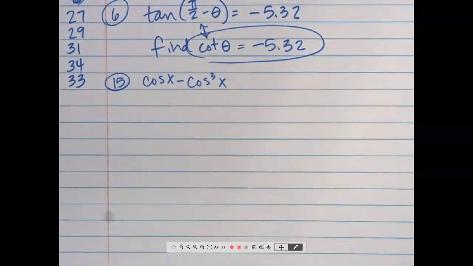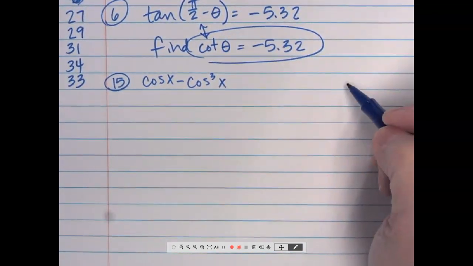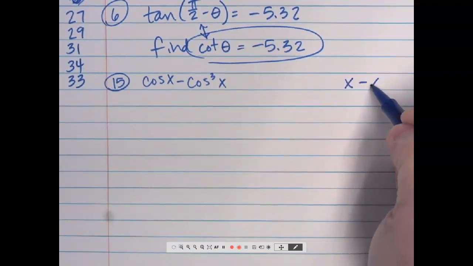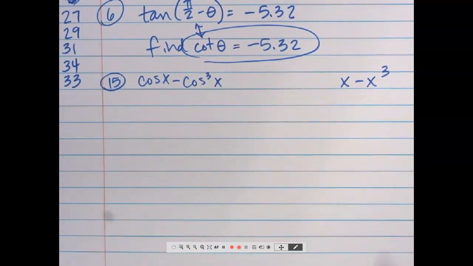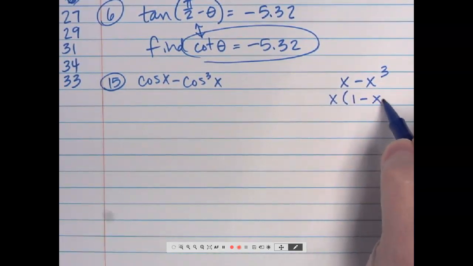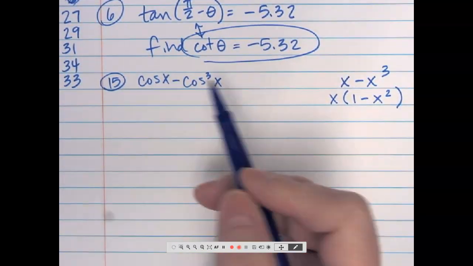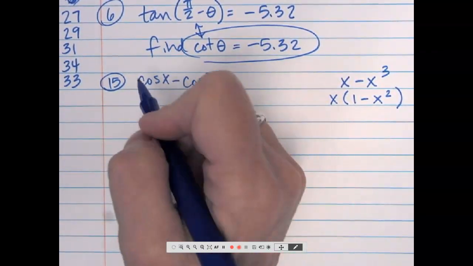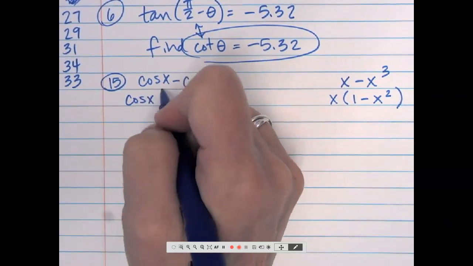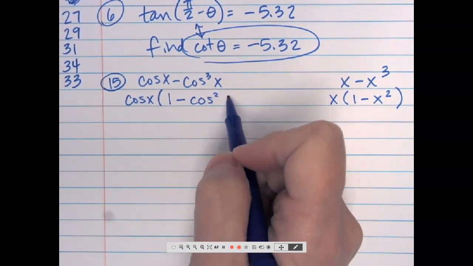But what I can do is factor out a common factor, which is cosine. So think about this. If you had x minus x cubed, then you could factor out an x and get 1 minus x squared. That's what we're going to do over here. So the thing that's common to both is cosine x times 1 minus cosine squared.